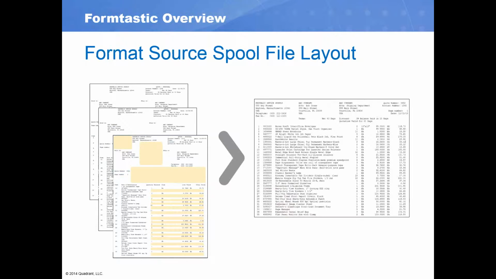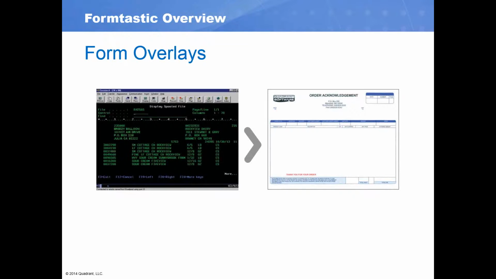The Formtastic Formatter module allows you to reformat the source spool file to create a new, better formatted spool file. You can remove empty space and blank lines, concatenate lines to reduce print area and page count, and reformat the spool file layout for better usability. Formtastic allows you to design customized, professional, and polished overlays in a PC-based editor.